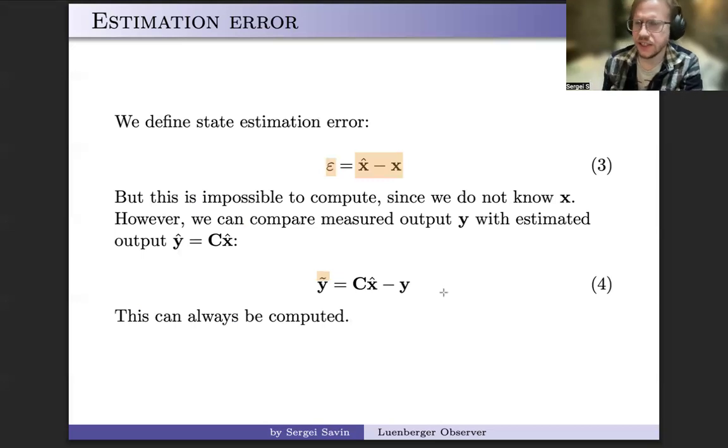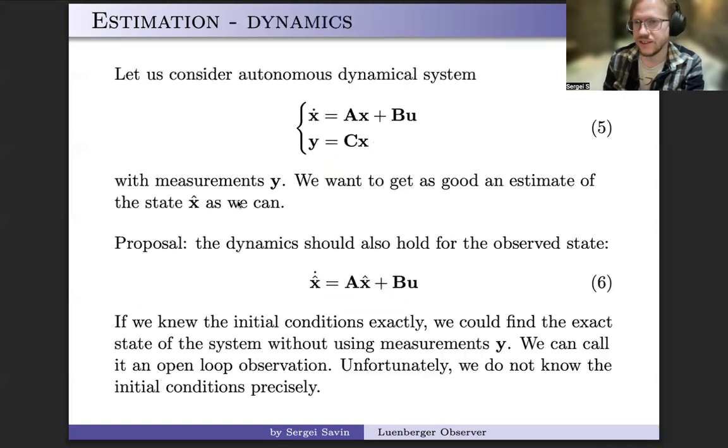Those are standard notations. In a lot of papers and textbooks, you would find hat describing an estimate and tilde describing error. Now, we're assuming that this is always available for us to compute. So that is something you can actually use. All right, good.